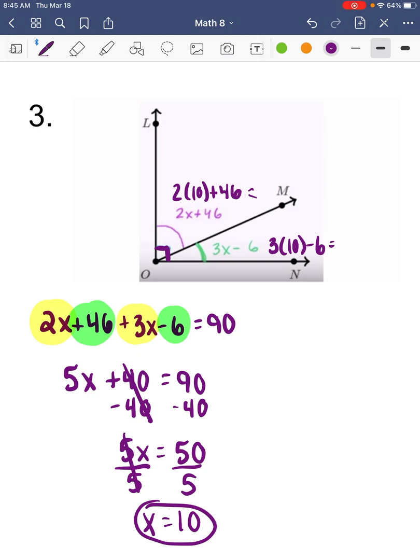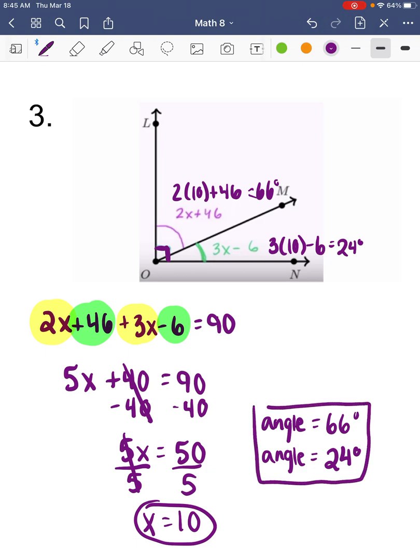So our first angle I'm finding is 66 degrees after plugging this in our calculator. And then our second angle, I'm going to put in the calculator, and that is 24 degrees. So here we have solved for our x and then both of our missing angles.